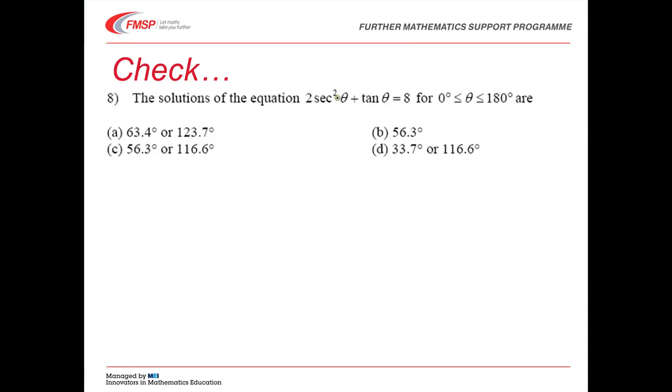Okay, pause the video this time and work this one out before you listen to the solution. Okay, the Pythagorean identity has to deal with the squared one, which is sec squared. So we're going to use sec squared theta equals 1 plus tan squared theta.